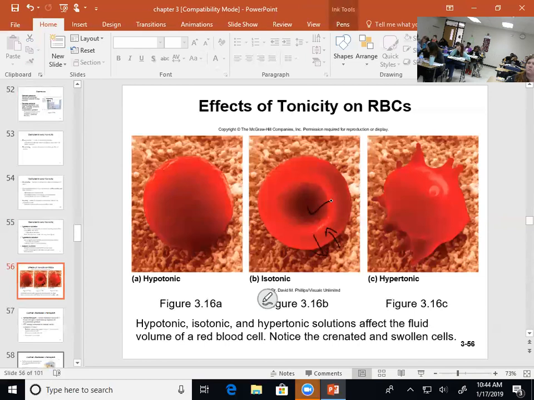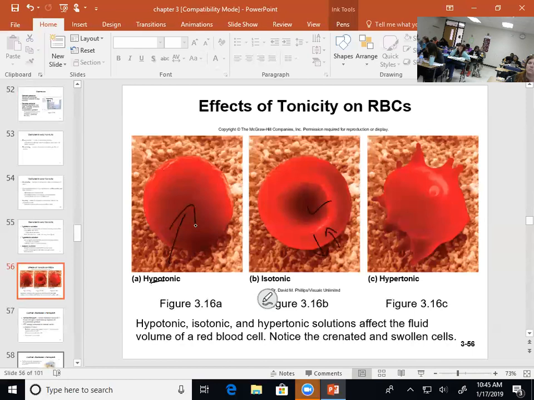But what if we put this very same red blood cell, we dropped it into a hypotonic solution? A hypotonic solution has a low number of solutes, which you told me means it has a high amount of what? So a low number of solutes means there's a lot of water, and how is water going to move?